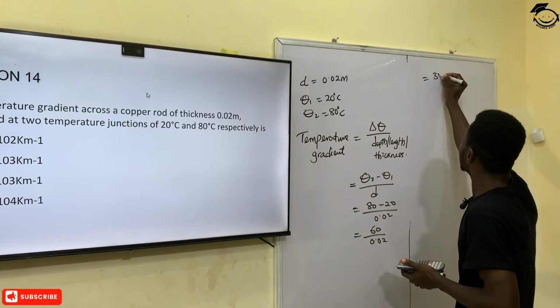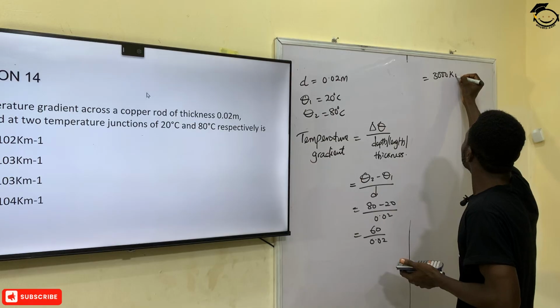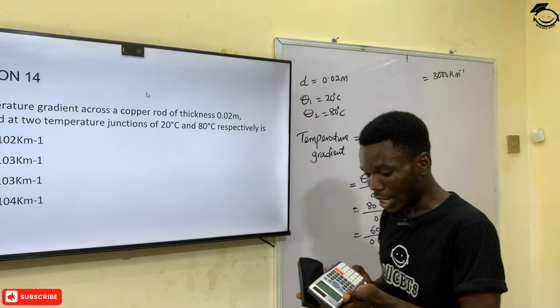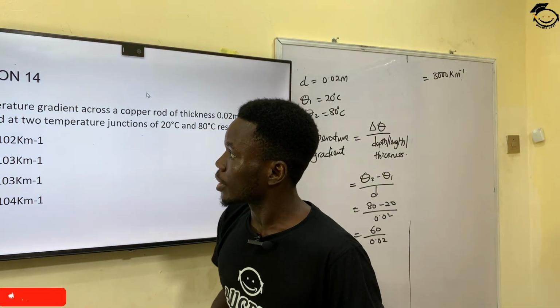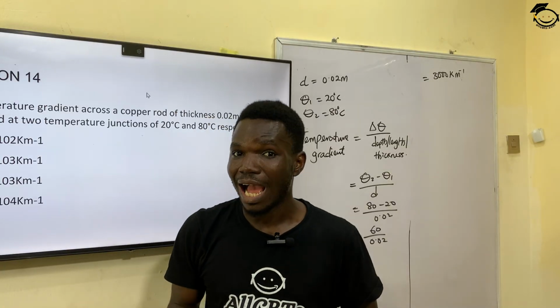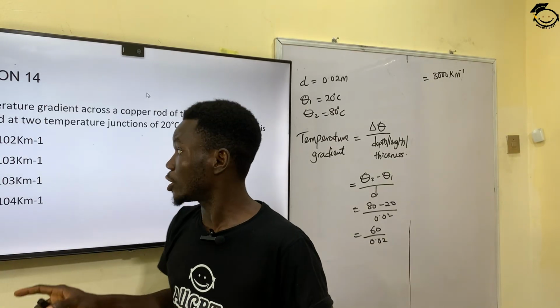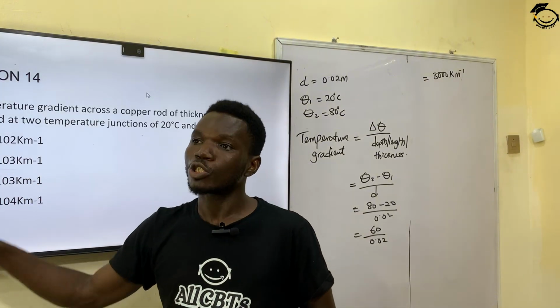So that's 3000 Kelvin per meter. So the correct answer to this question is 3000 Kelvin per meter, which is the same thing as saying I have got 3 times 10 raised to power 3 Kelvin per meter, which is option B.